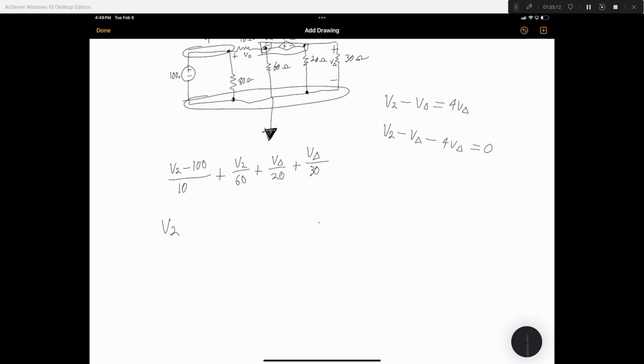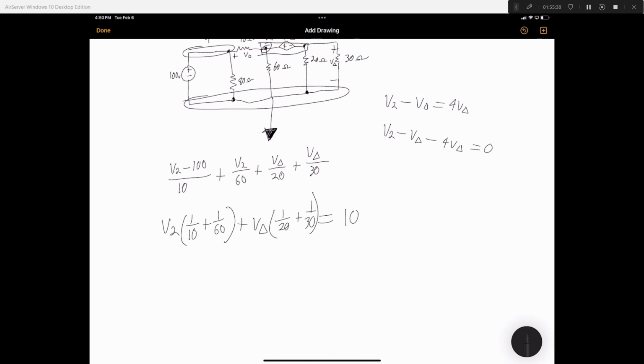So V2 is 1 over 10 plus 1 over 60, plus V delta, 1 over 20 plus 1 over 30, equal to 10. Because this constant here becomes negative 10, you add it over, you get 10 on the other side.